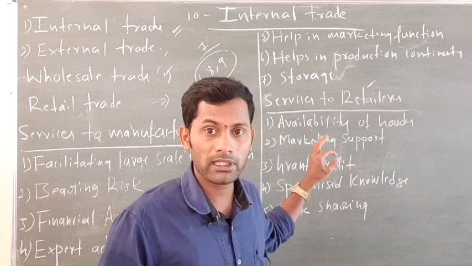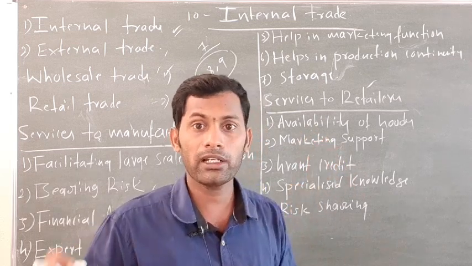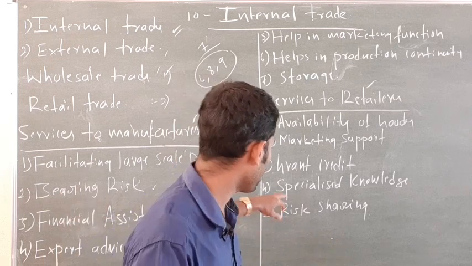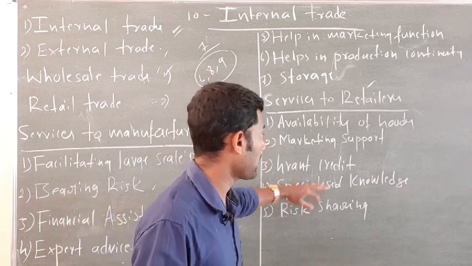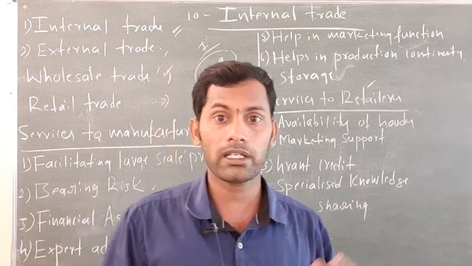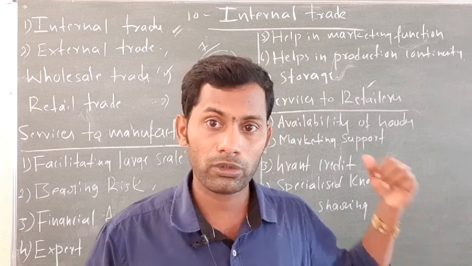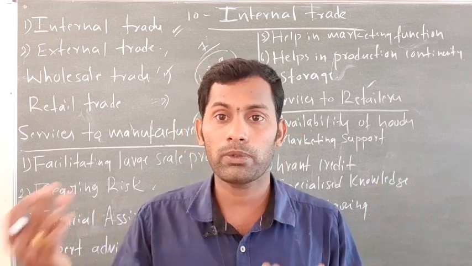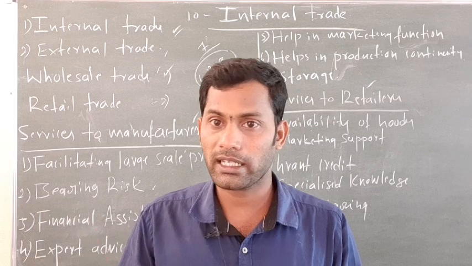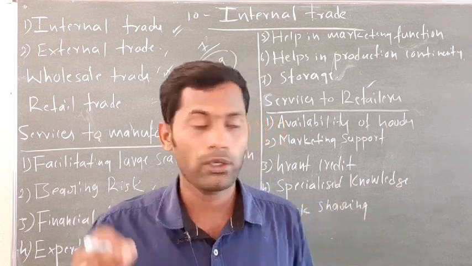That means they sell the product on credit to the regular retailers. One more thing is the specialized knowledge. The wholesaler is an expert in the business, so they give valuable tips to the retailer on how to persuade the customer, how to convince the customer. That is again a service given by the wholesaler.